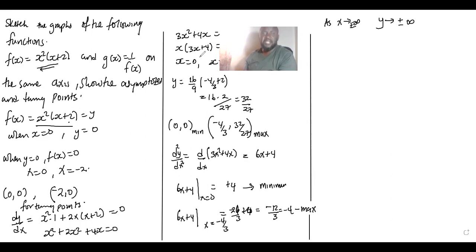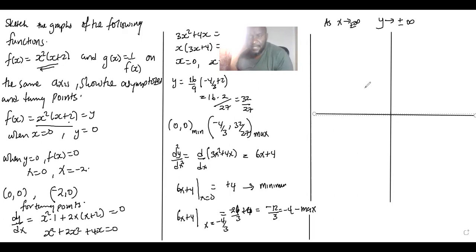Now let me sketch the curve here. This is my y-axis. This is my x-axis. The curve has this as 0.